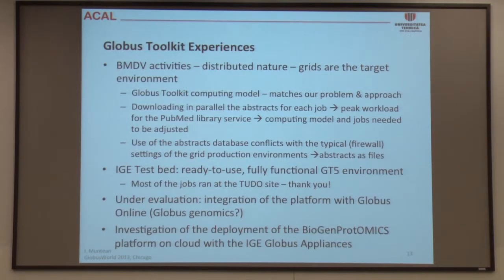The IGE testbed is, as I already told, a ready-to-use, fully functional GT5 environment, and will also be sustained over the next years. And they are currently evaluating whether this platform can be more integrated with Globus Online and the new service, Globus Genomics, which you will learn more about later on in one of the talks.